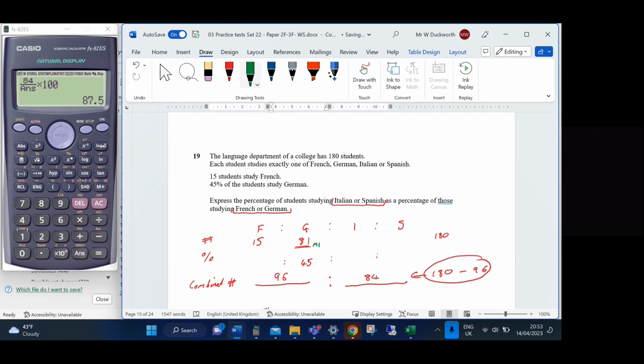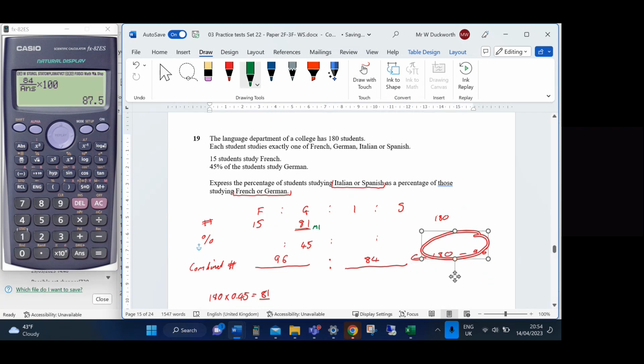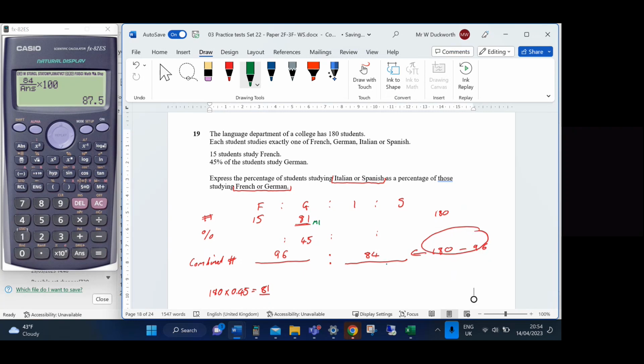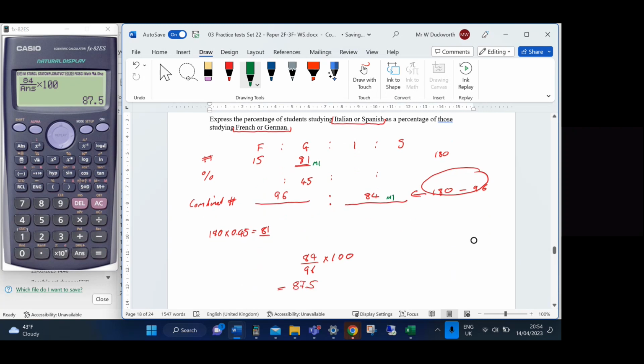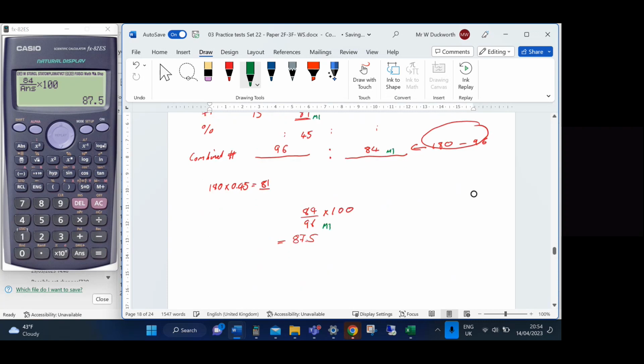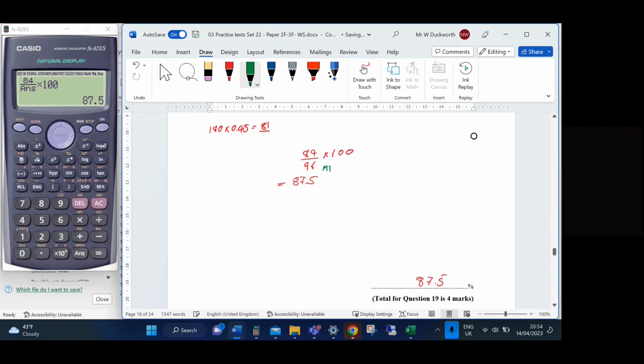M1 for method to find the number of students studying Italian/Spanish or French/German. So I'll go for the first one that they've suggested. I'll go M1 there. M1 for complete method to find the fraction or decimal or percentage of Italian, Spanish to French/German. So we've got an M1 there. And then finally an A1 for 87.5.